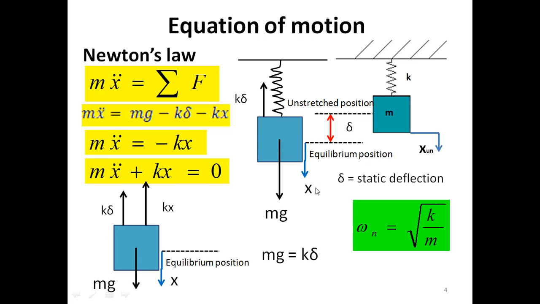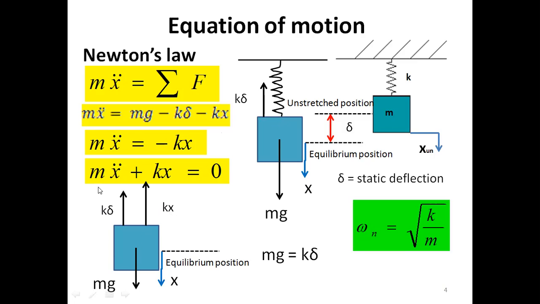Let's say at that instant the mass is moving in this direction and the displacement is x. Because of this x, there would be additional spring force, kx. If the motion is in this direction, the spring would stretch further and pull the mass in the upward direction, so the spring force is kx upward. This spring force is because of the displacement x, and that one is because of the static deflection.